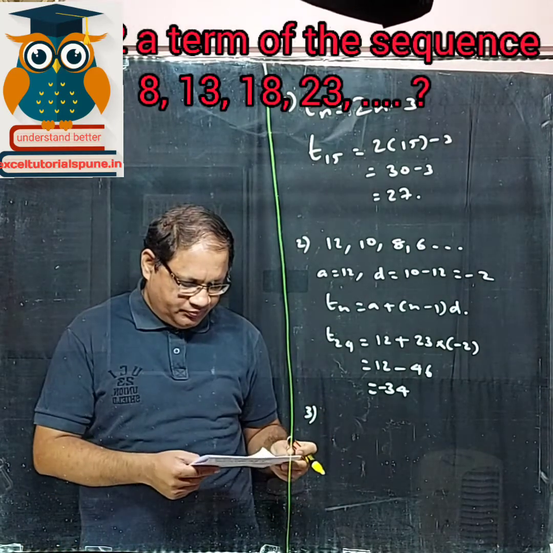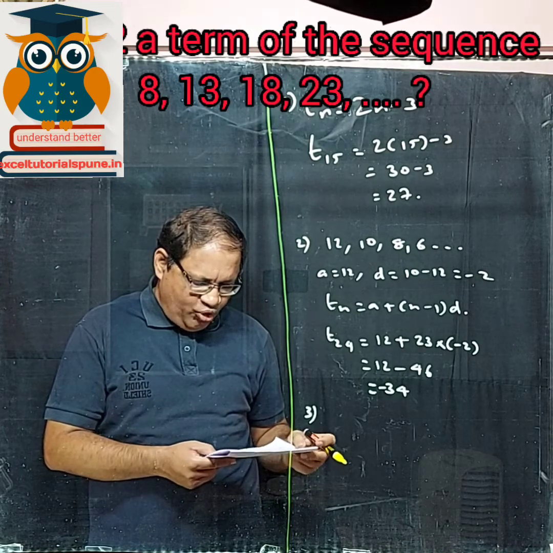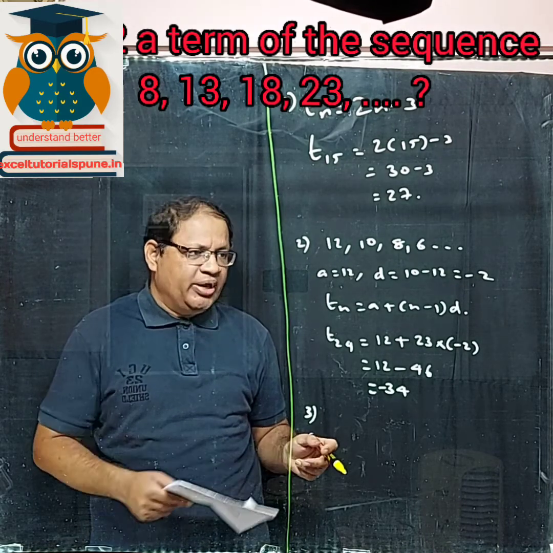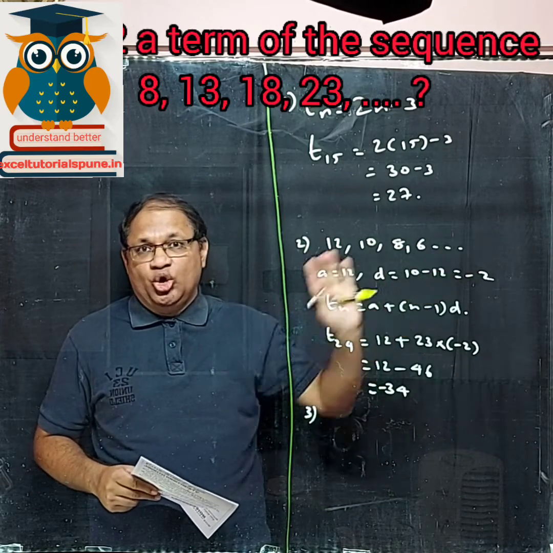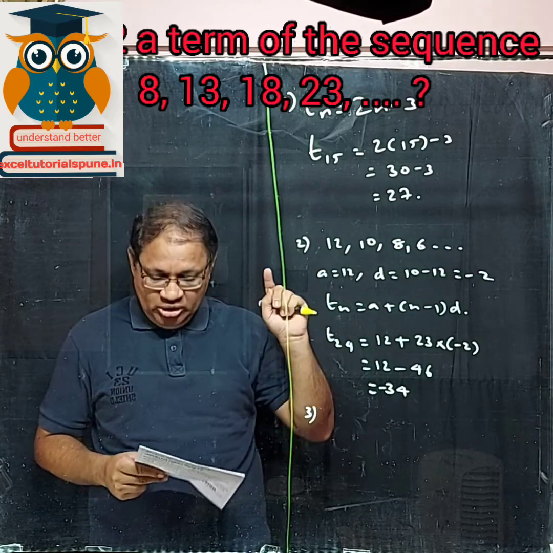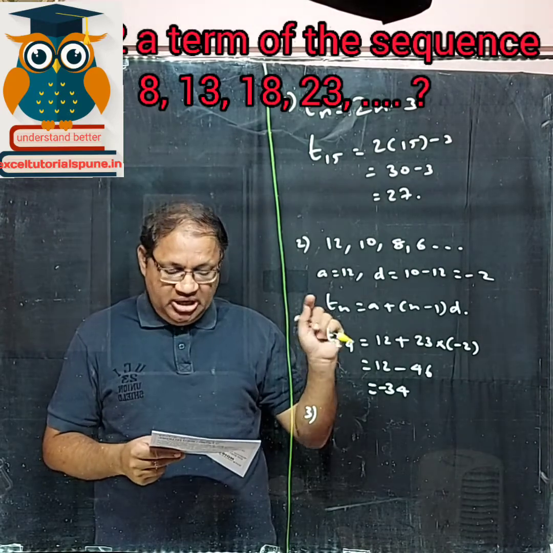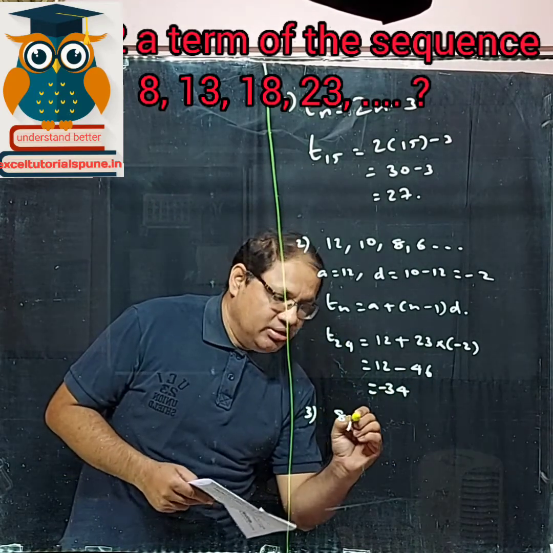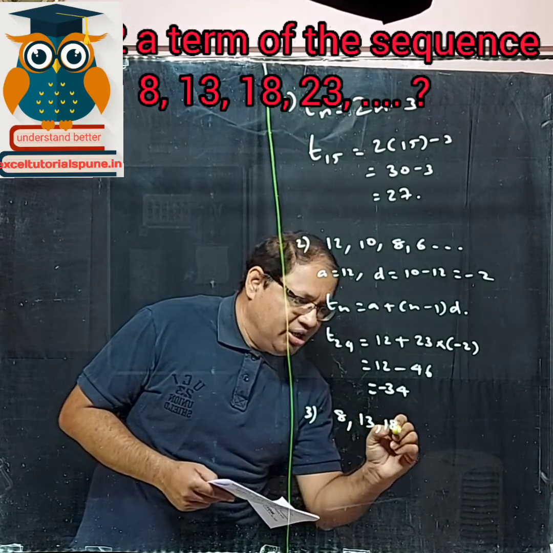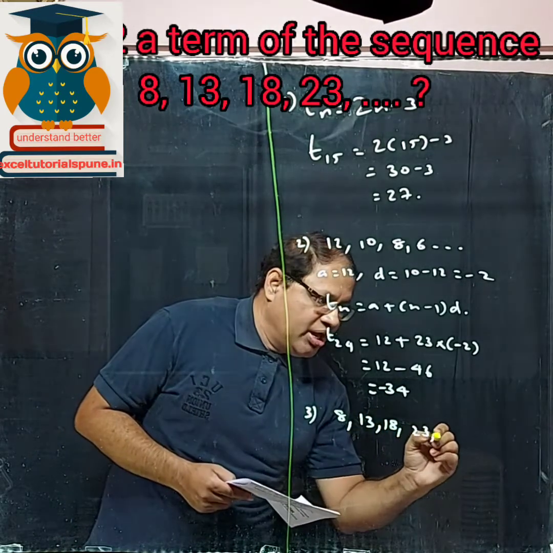Third sum. Is 402 a term of the sequence? So 402, does it come in this AP or not? That's what they are asking. The AP they have given is 8, 13, 18, 23 and so on.